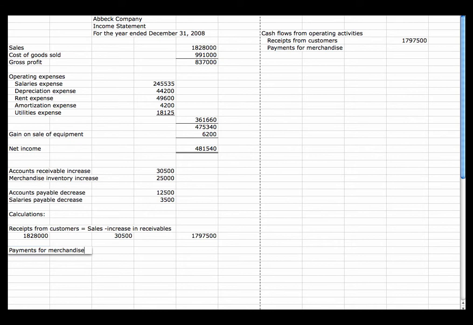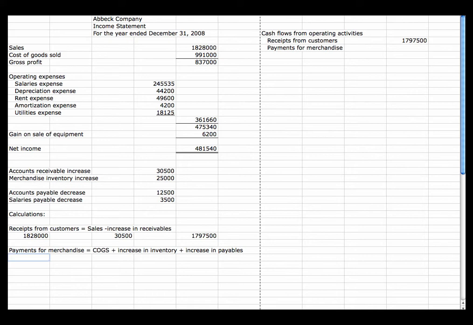And what we can do is we can say equals our cost of goods sold plus the increase in inventory plus the increase in payables. Now, if you don't understand why we're doing that, take a look at that last problem that we did, exercise 12.5, to kind of show that relationship between the payables and the inventory accounts.